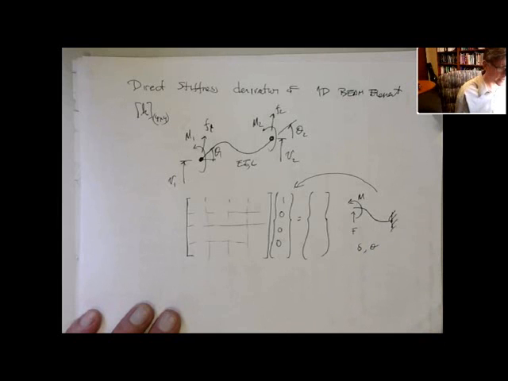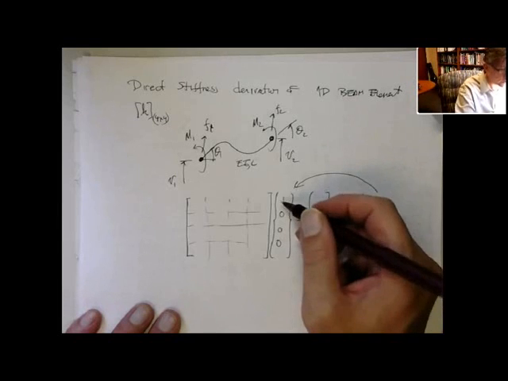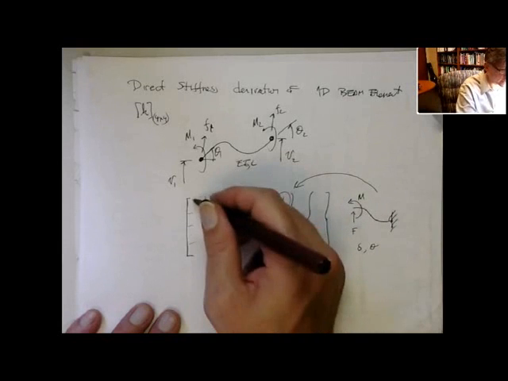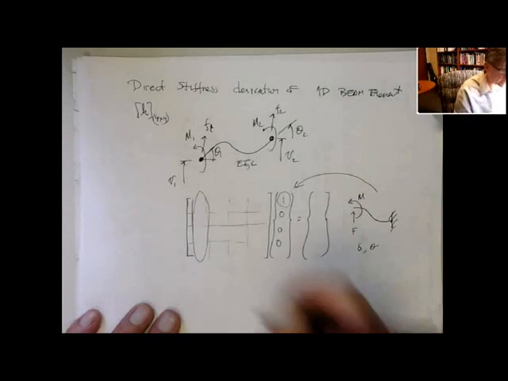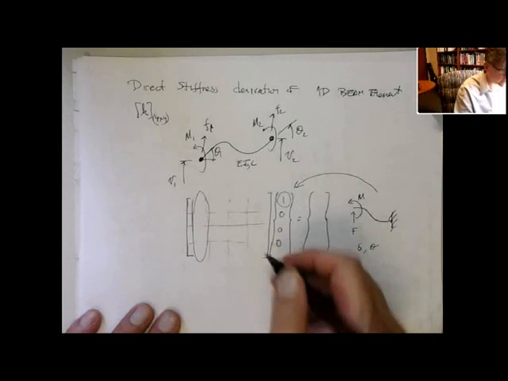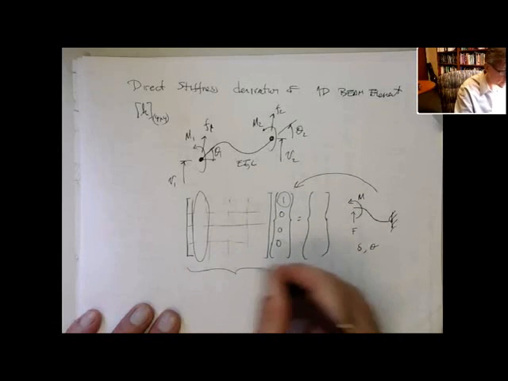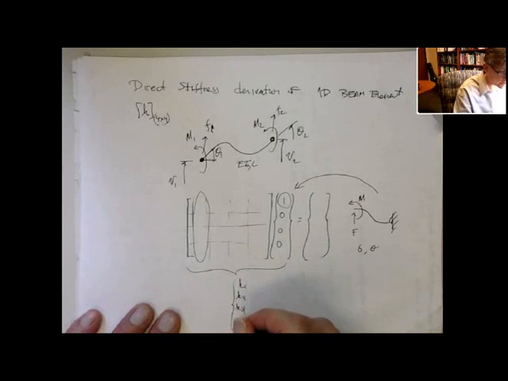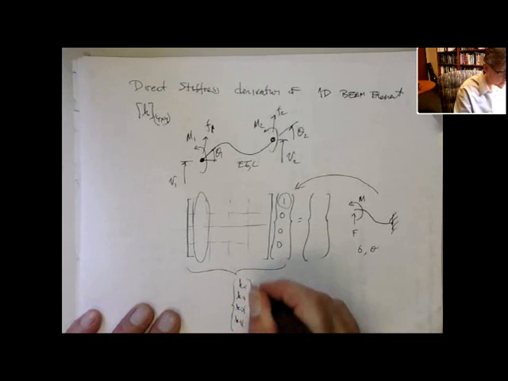Now when you do that, when you multiply this through on this side, you just get this first column, because all the other effects go to 0. So this just becomes K11, K21, K31, K41.